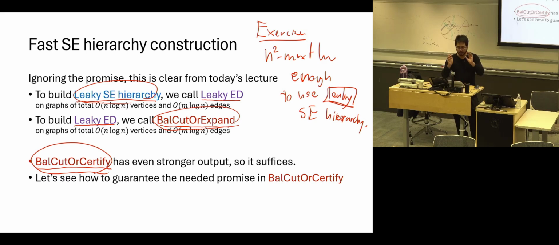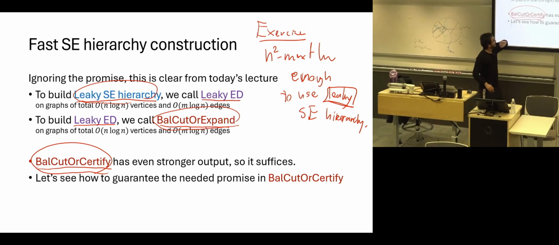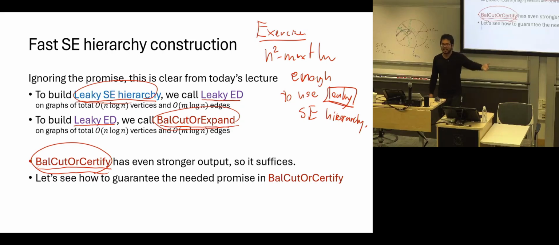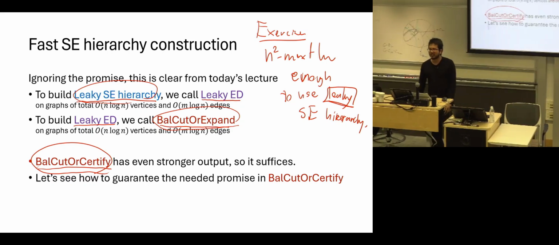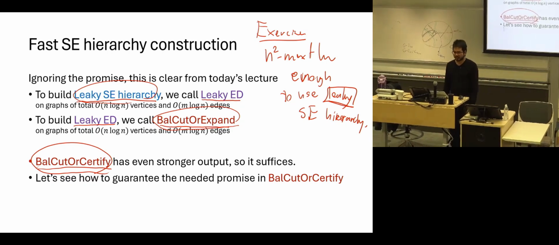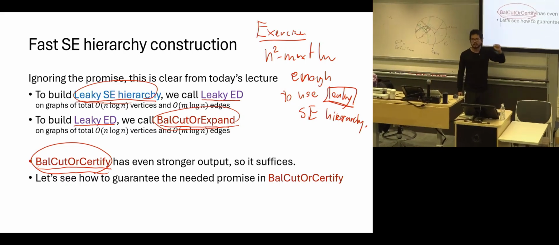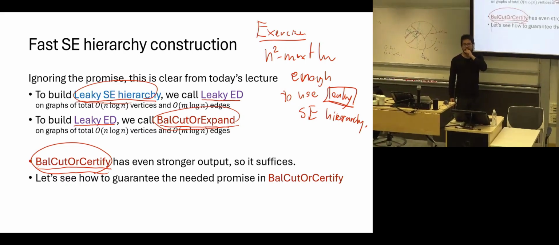So I hope that you see that if you have this, then you can build a hierarchy fast. Now, is this clear to you? If you have this subroutine, you can build a hierarchy fast. Yeah.